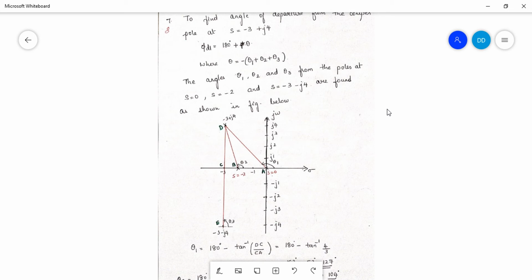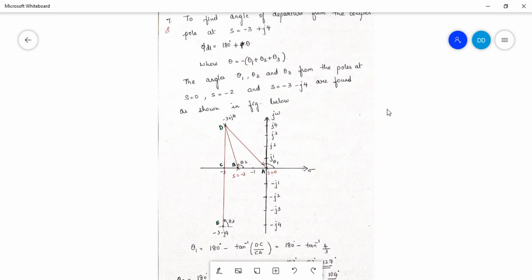Where theta is the sum of the angles made by all the other poles. If I consider the pole at minus 3 plus j4, I have to see what is the angle made by s equal to 0, s equal to minus 2, and s equal to minus 3 minus j4 with the pole located at minus 3 plus j4.